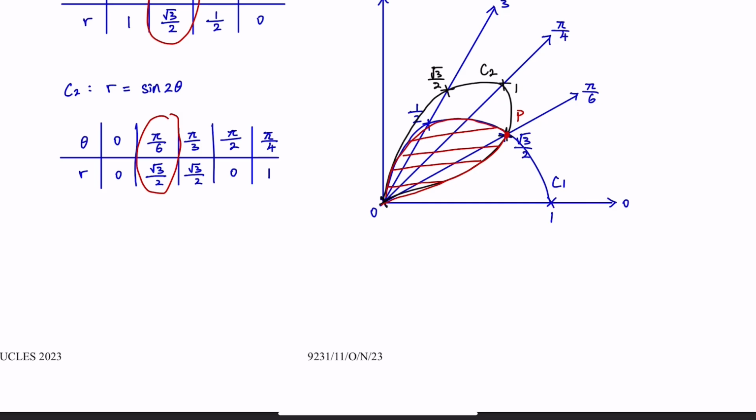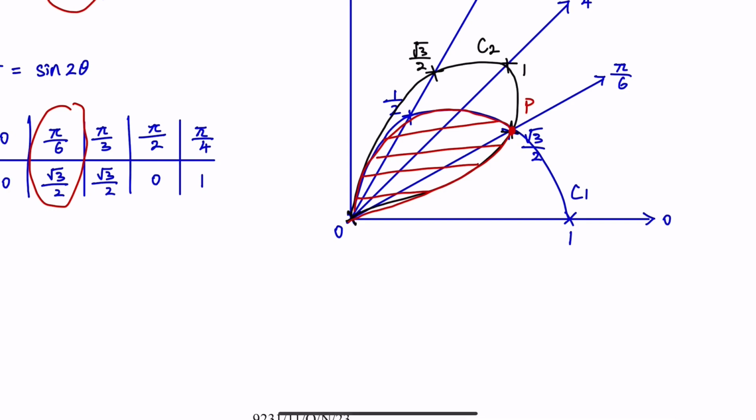How to find the area is that we can divide it into two sections. One is this part, and another one is this part. So after dividing it into two sections, it'll be easier to see.